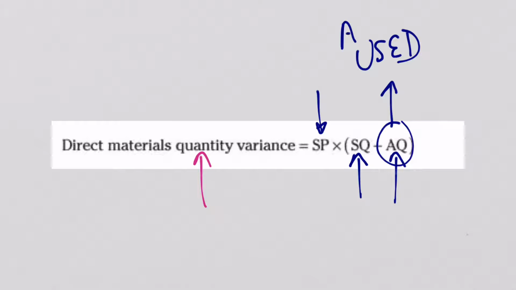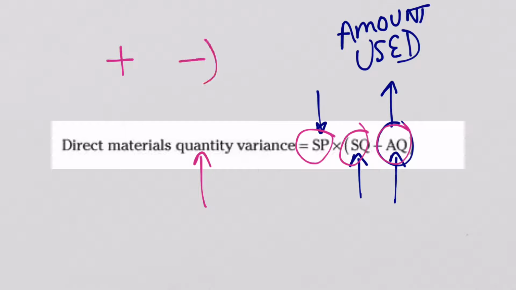Not the amount purchased, but the amount used. So we can measure the difference between what we thought we would use versus what we did use, at the standard price. This will yield either a positive number or a negative number, meaning favorable or unfavorable.